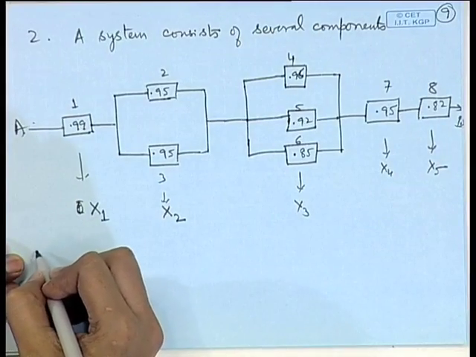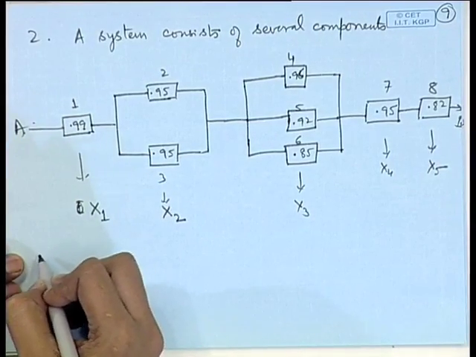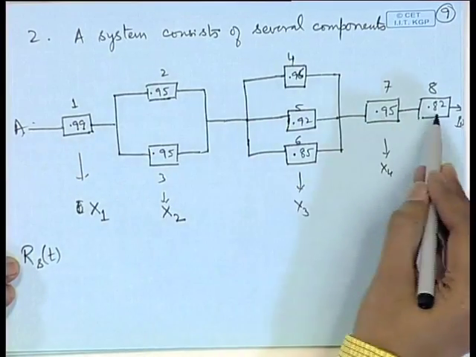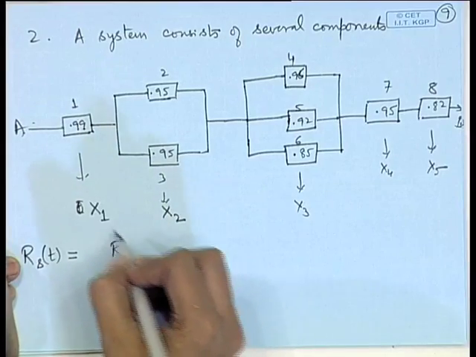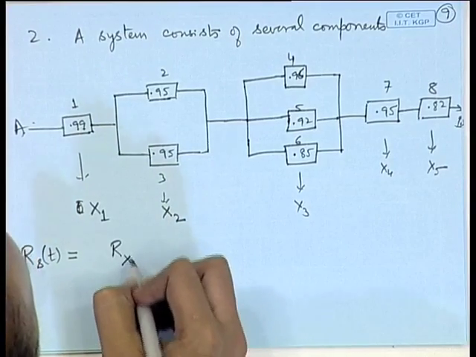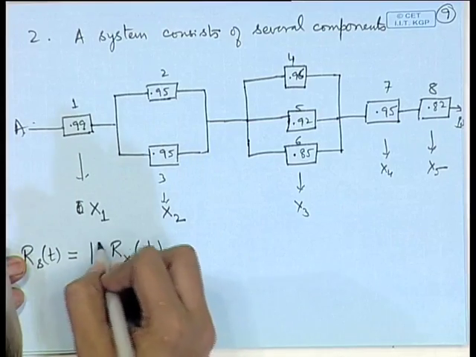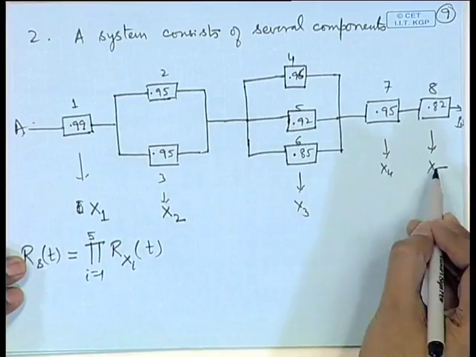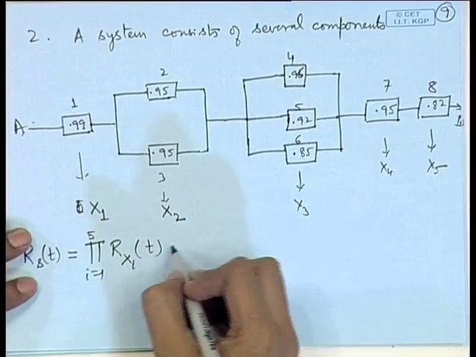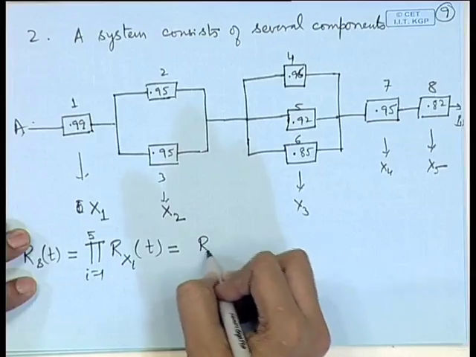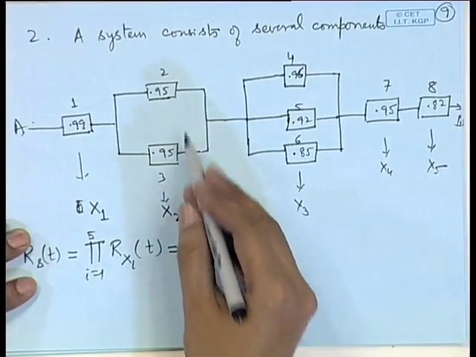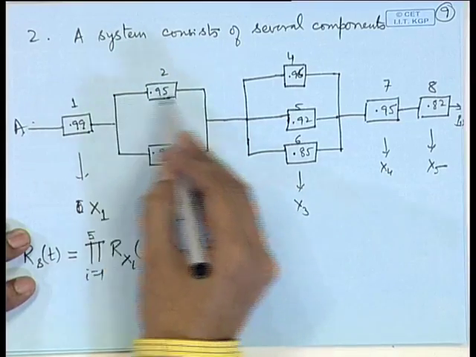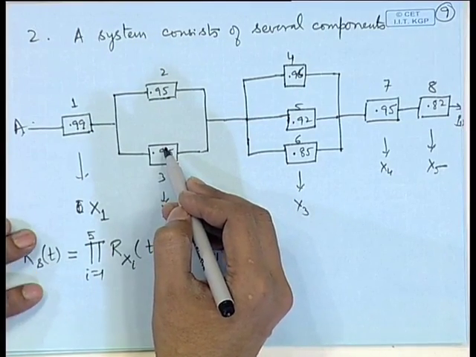So, if we are interested to calculate the reliability of the entire system, now this is a series. So, it will be the reliability of the X_i-th system, i equal to 1 to 5, systems 1, 2, 3, 4, 5 which are connected in series. So, this one will become equal to R_X1(t). Now, R_X2(t) is again a compound system. It consists of two parts connected in parallel.